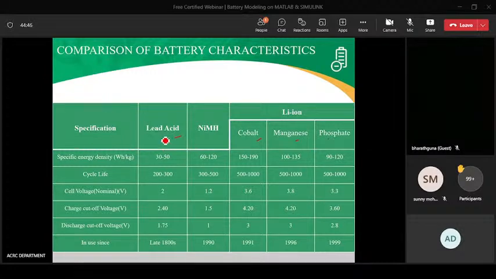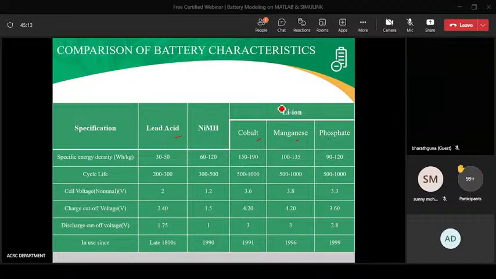Here this is lead acid; it has a specific energy density of 30 to 50. Then this is nickel metal hydride, whose energy density ranges from 60 to 120. So nickel metal hydride has more specific energy density compared to lead acid.